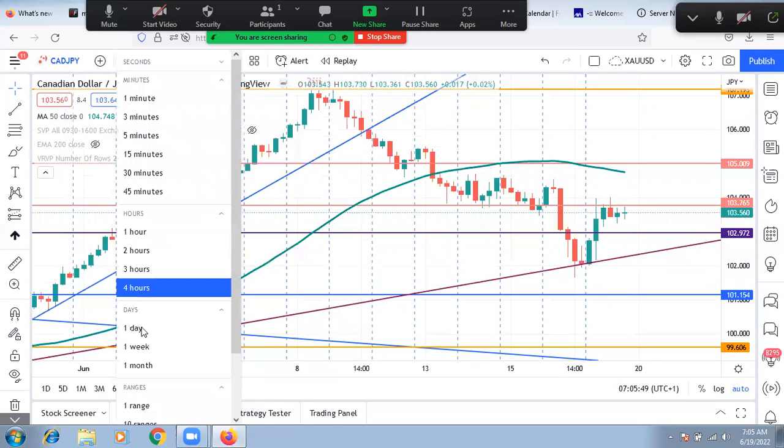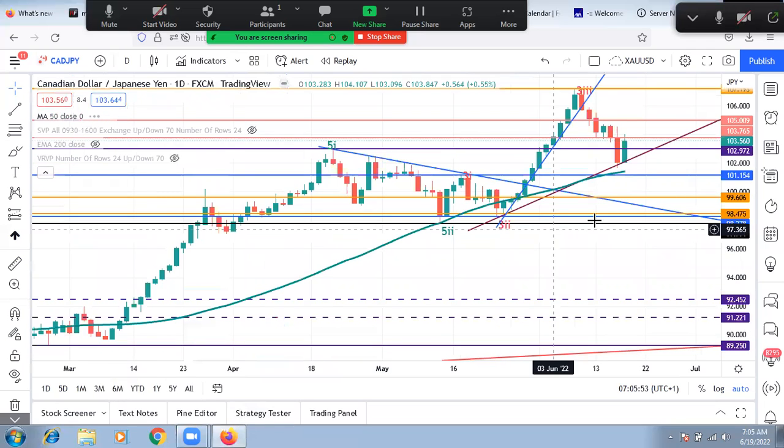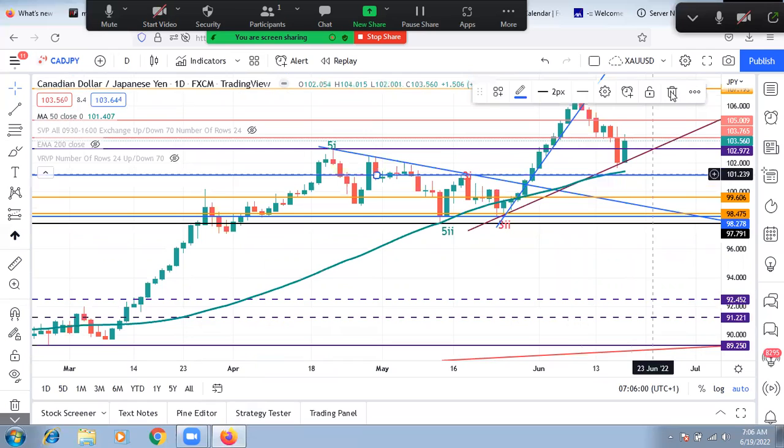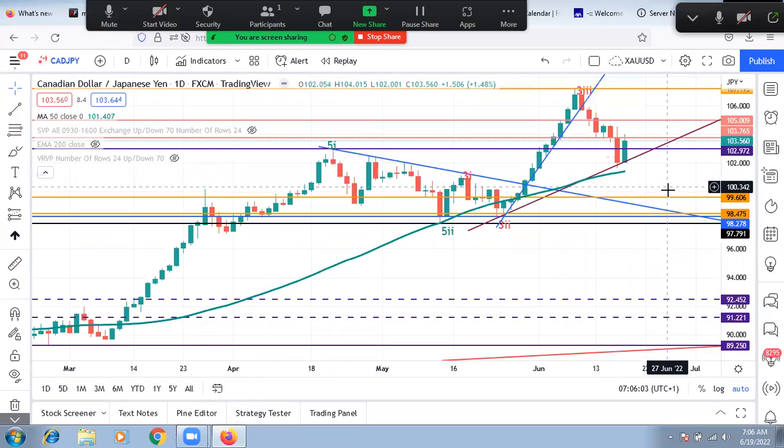a whole lot has happened with this trade. You can see how quickly things can change there.